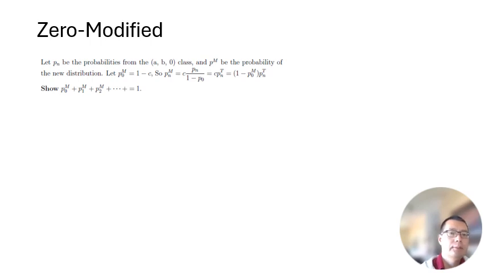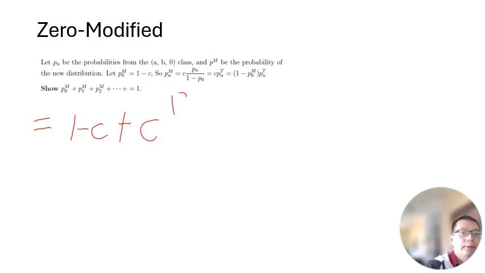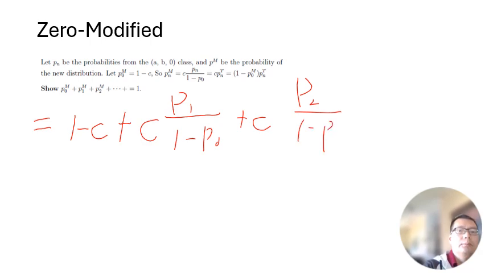This is a simple check, so it will be equal to 1 minus C plus C P1 over 1 minus P0, according to the formula, plus C P2 over 1 minus P0, plus C P3 over 1 minus P0, and so on and so forth.